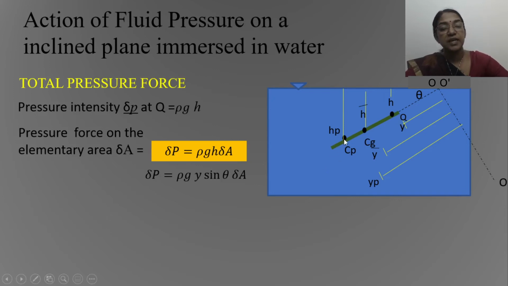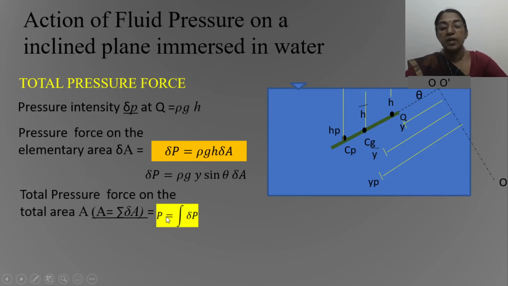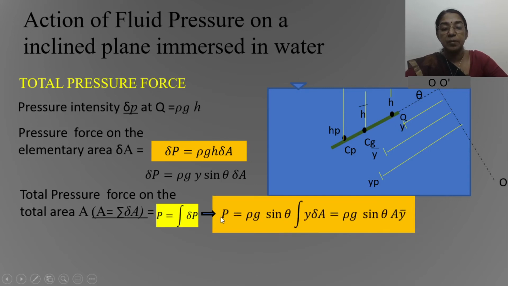So the total pressure force acting on this inclined plane equals P equals integral of dP, which is equal to rho G sin theta into integral of Y dA. Here Y dA represents the moment of the small area about this axis OO, and integral of dA represents the area of this entire plane.